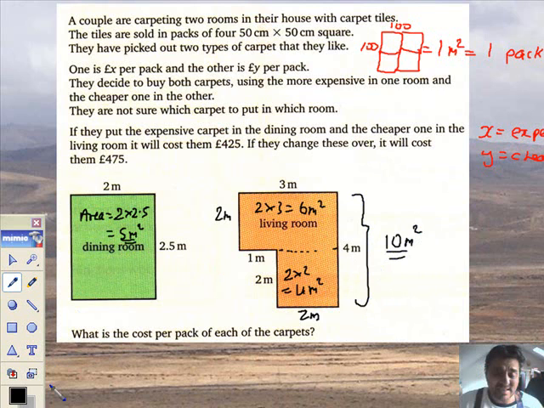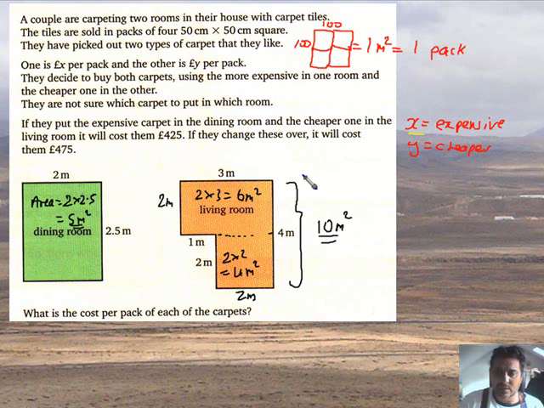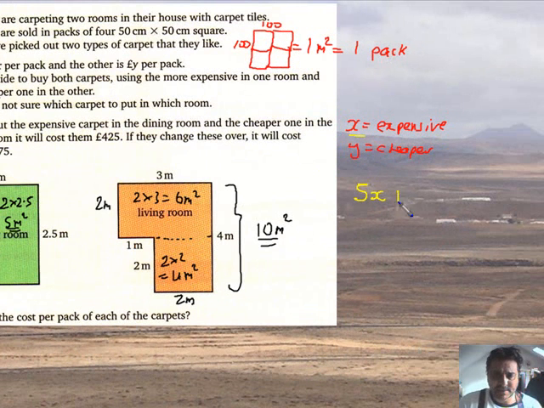Now let's set up some equations to see what we can do. If they put the expensive one in the dining room, expensive I've called x for now, so here I go. Maybe I can stick them up here. So I've got 5 metres squared of the expensive one and 10 metres squared of the cheaper one.